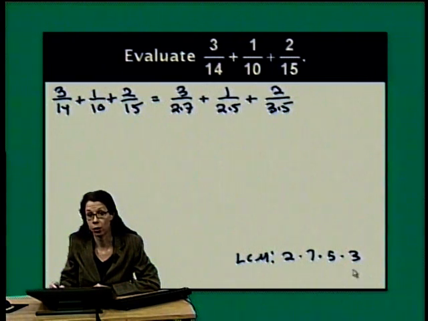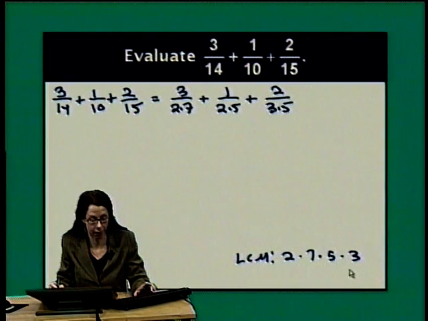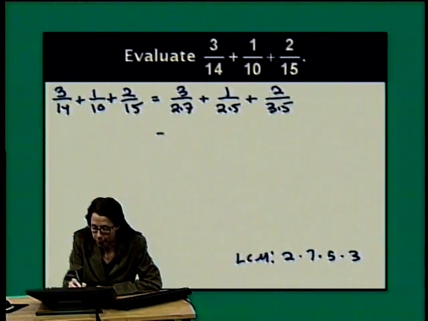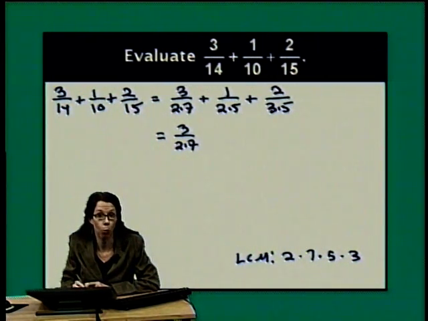So here's my least common multiple of the denominators, which I'm going to use as the common denominator. Now I need to build up all my fractions to have that common denominator. So I'm going to multiply the first fraction, 3/14, by 1 in the appropriate form. Well, what's missing? The 3 and the 5.